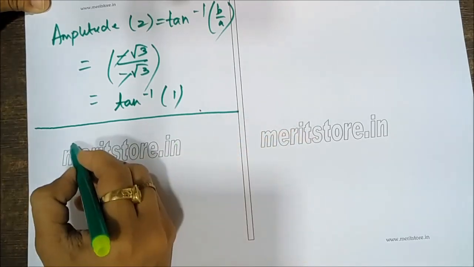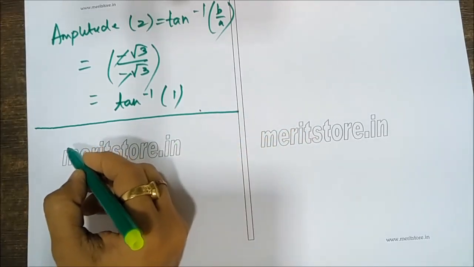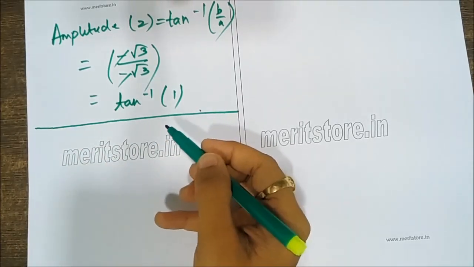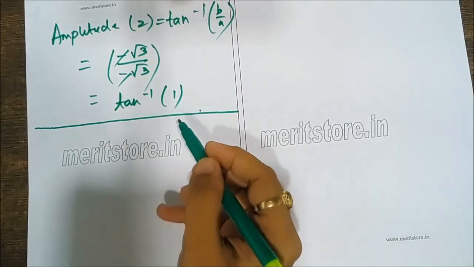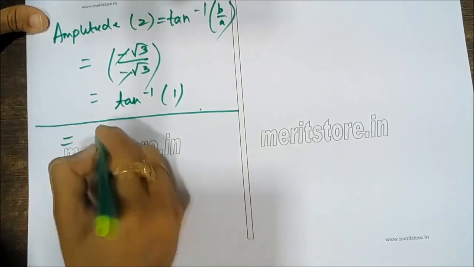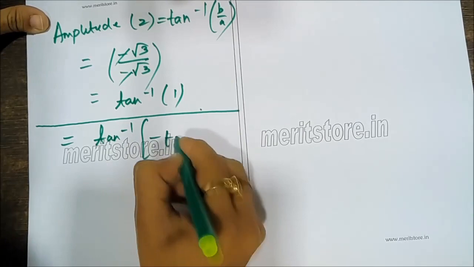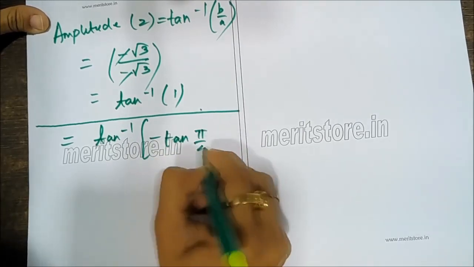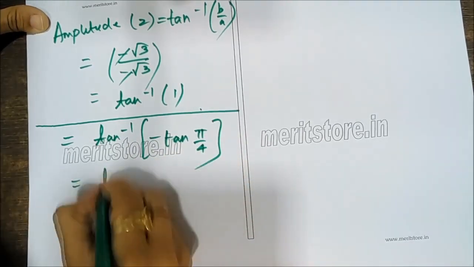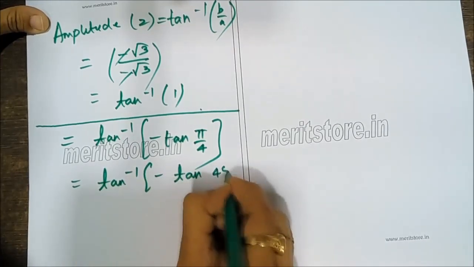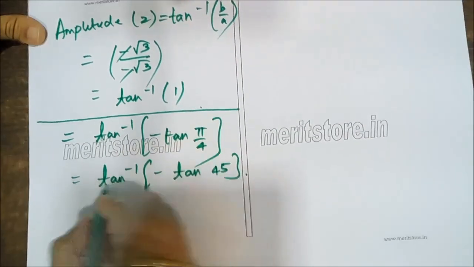Here tan inverse of minus tan theta, tan inverse of minus tan 45.